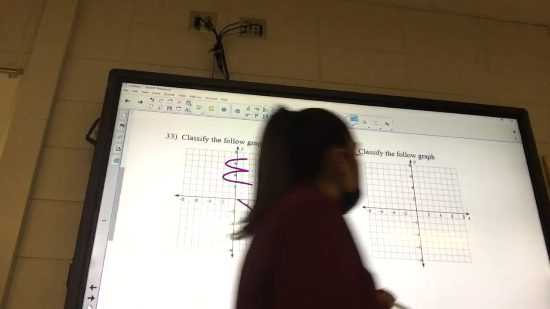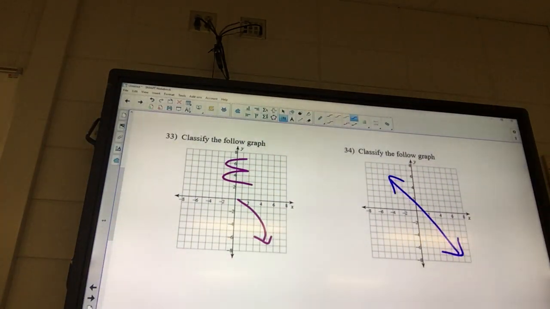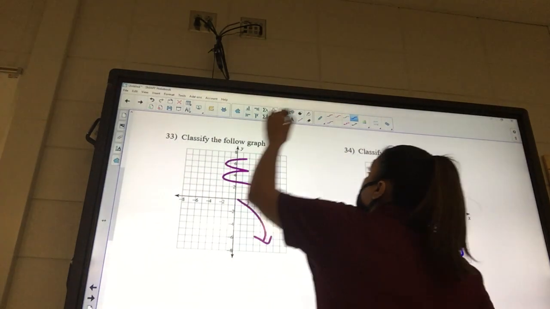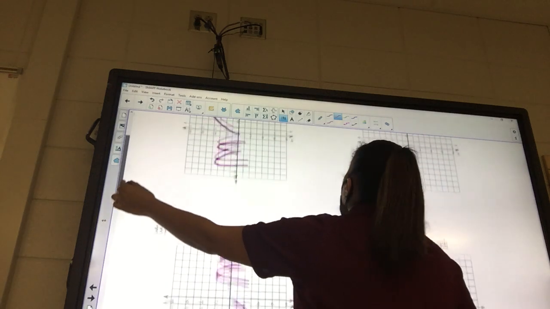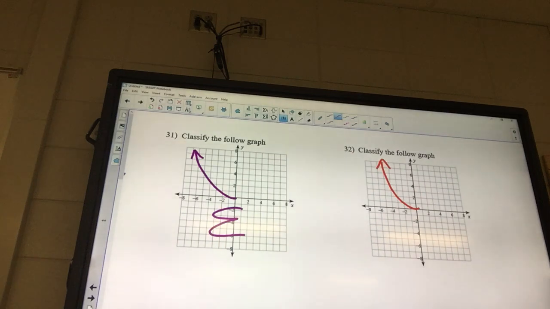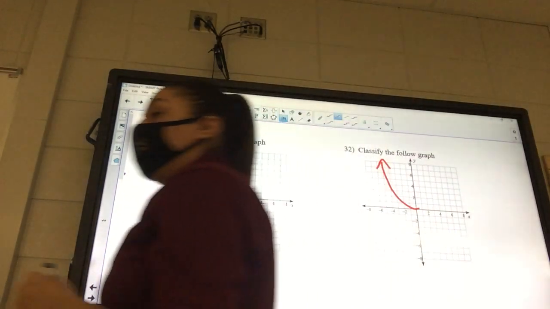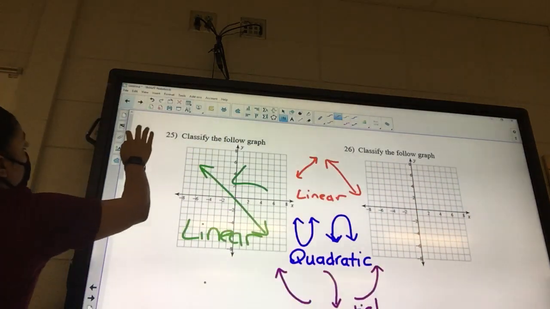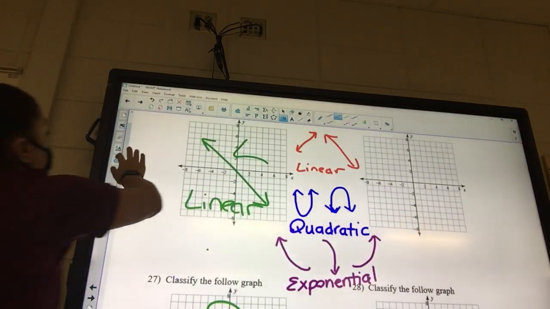Okay, 34, your picture should look something like this. Either draw the picture real quick or write the letter. 32, your picture should look something like this. And 26.